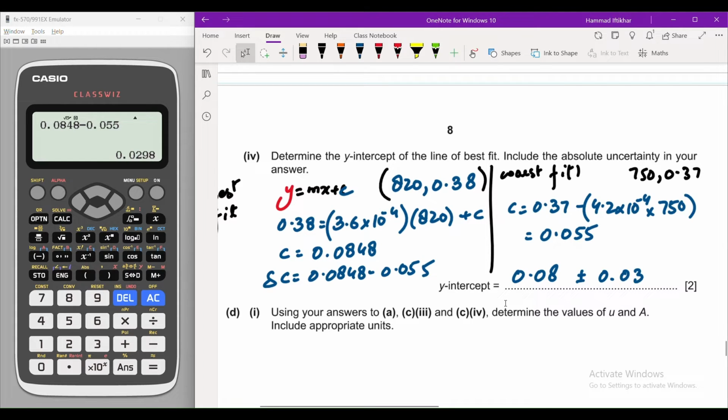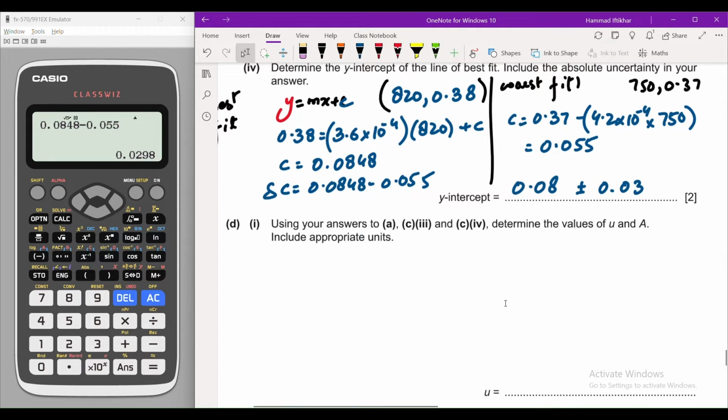Right, okay. Using your answers to A, C3, and C4, determine the values of A, U, and A. Okay.